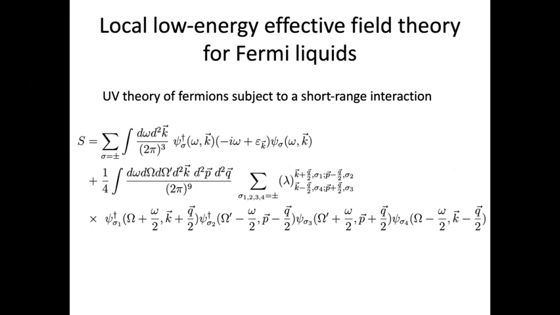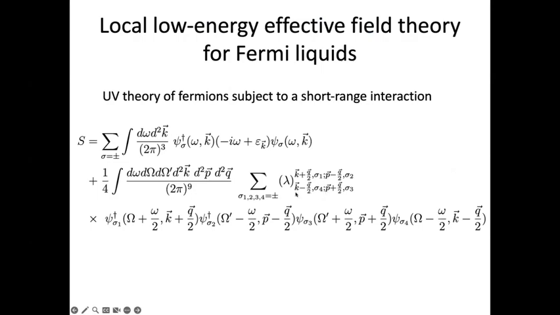So let's start with, say, some generic UV theory of fermions interacting with each other through a short-range four-fermion coupling, which is a function of momentum.